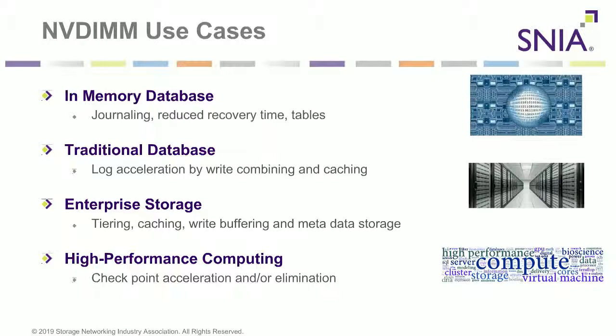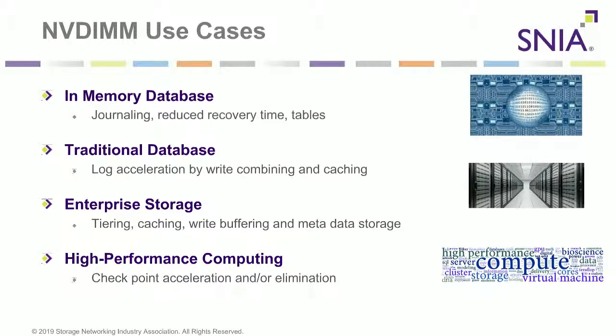The other use case for NVDIMM-N is enterprise storage arrays. Essentially, it can be any of your HCI or any storage platform. It is going to be used basically for caching, buffering or tiering, right? All the IOs that come in, it would be a perfect area for you to park that IO.